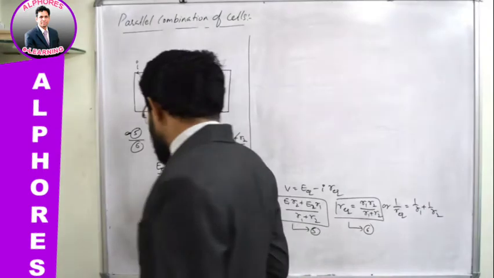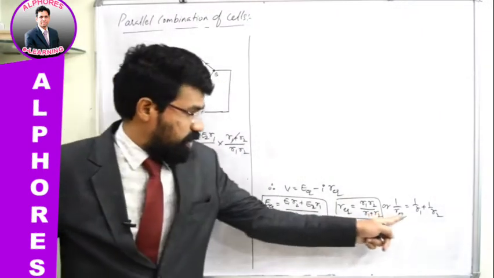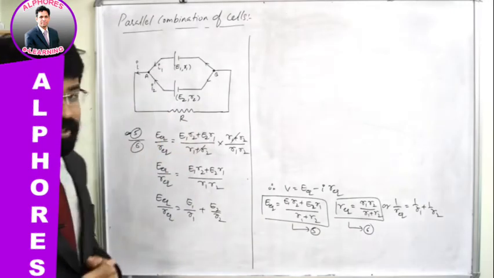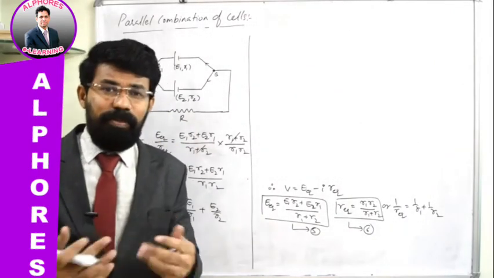Now, let us make use of this equation and this equation to generalize the picture. Generalizing the picture in the sense that here I have taken only 2 cells. What if I take n number of cells?